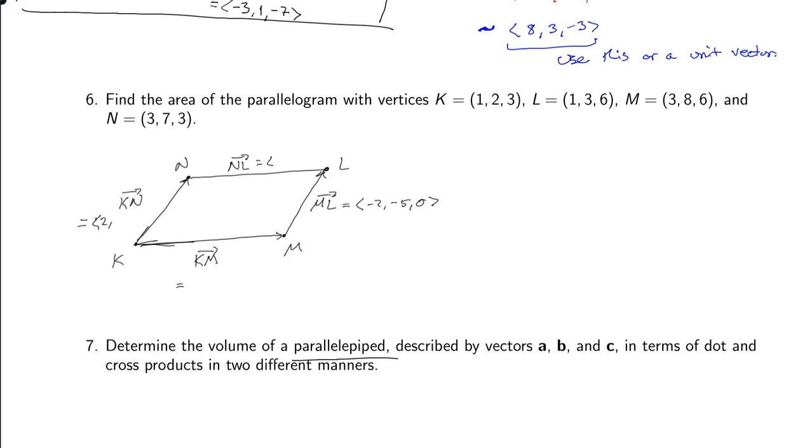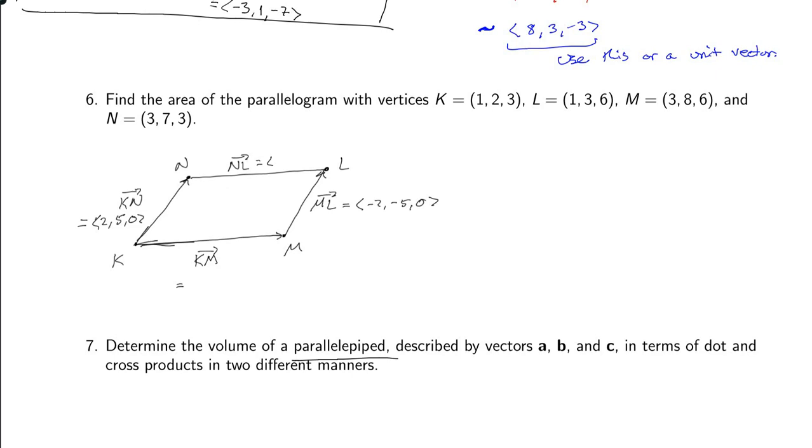It's twisted up our parallelogram by ordering them this way. But let's just keep going. K to N, the y direction 2 to 7 is 5, and then 3 to 3 in the z direction is 0. So we see that's the negative of ML, and that tells us that these are not both pointing in the same direction like our picture is drawn.